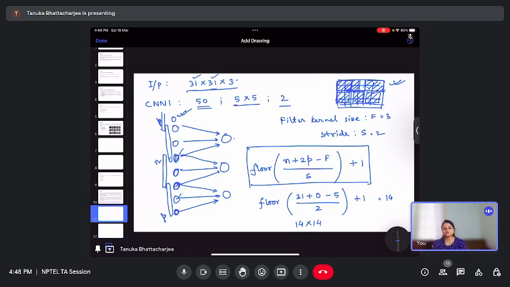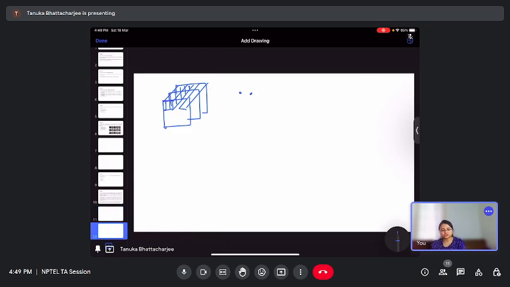Similarly, you have here 50 filters. So, all of them will do the same operation. The first kernel, whatever it is computing, that is the first 2D matrix. Then the second kernel, computing in the same fashion, will be appended along the third dimension. Like that, for each filter you will get one matrix.